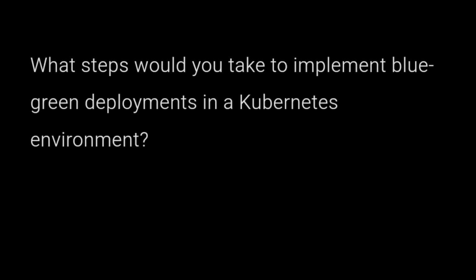And the last question was, what steps would you take to implement a blue-green deployment in a Kubernetes environment? I think I already covered some pointers regarding blue-green deployment. First of all, we need to deploy two environments, one blue and one green, where both versions run simultaneously, but only one gets live traffic and the other does not. We use services or ingress controllers to switch the traffic from, let's say, blue to green.